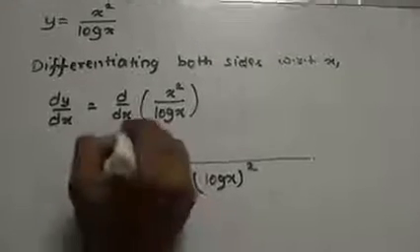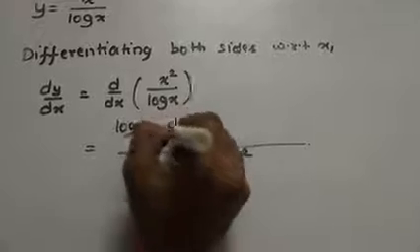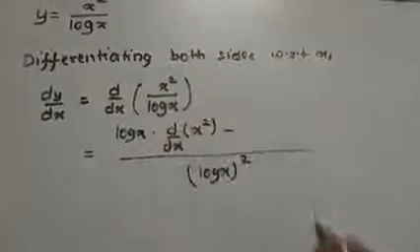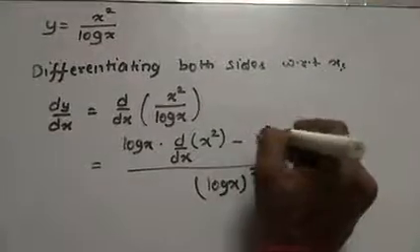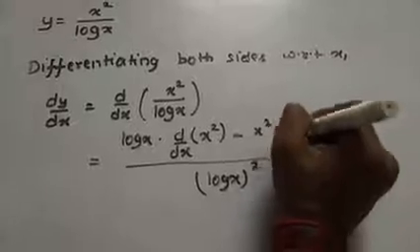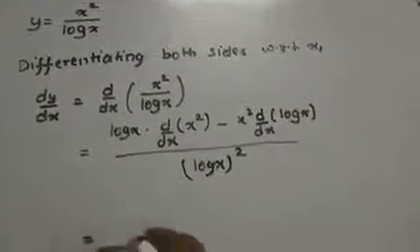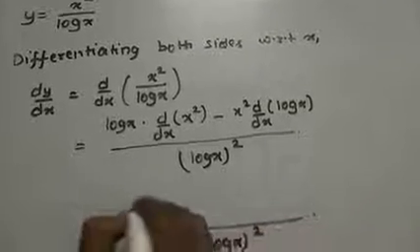So now we will start from the denominator, log x, then d dx of u. What was the u here? U is here x square, minus, then u, x square, d dx of v. What is the v here? Log x. So that is log x whole square.